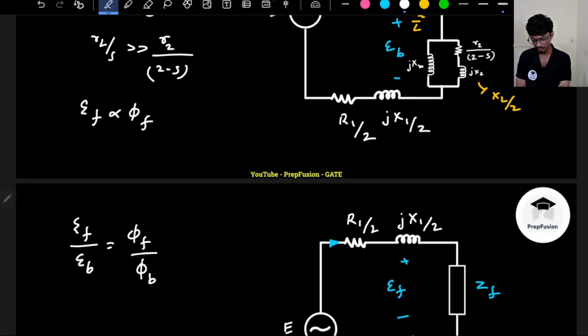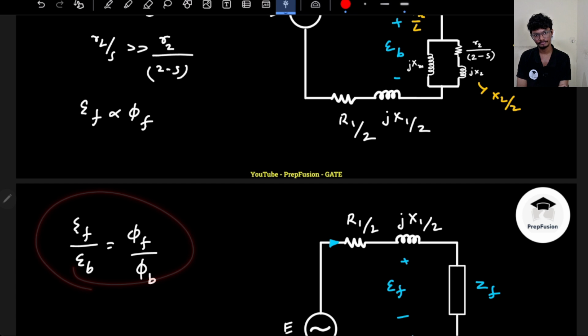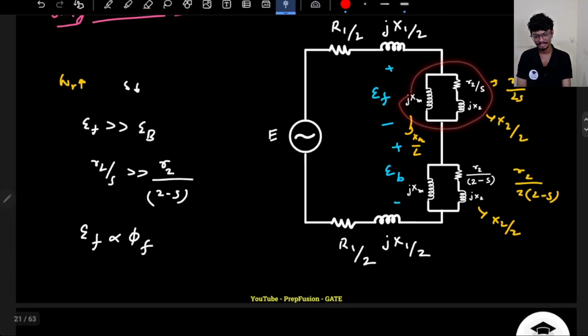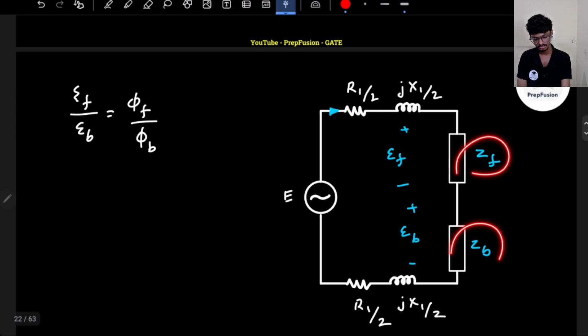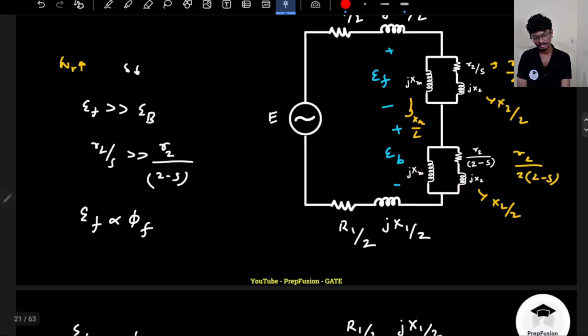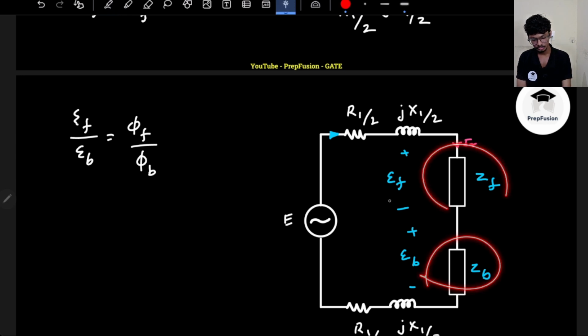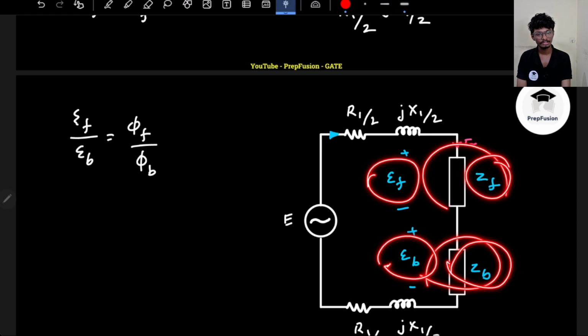If I convert this into a single impedance known as ZF, and this into a single impedance known as ZB, then it is simply a voltage divider circuit, because the rotor current is the same. The current across both of them is the same.